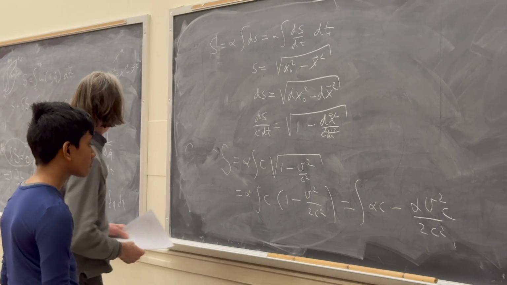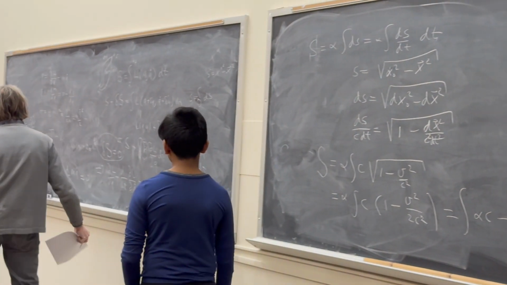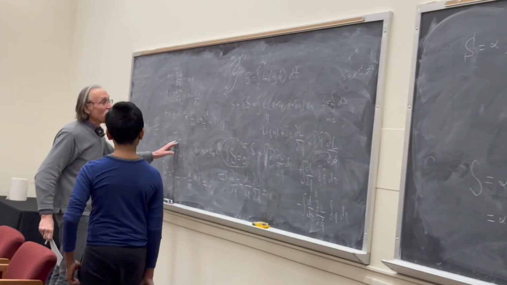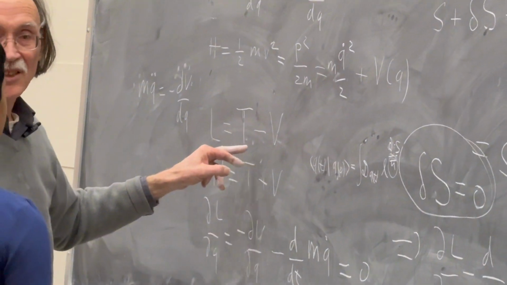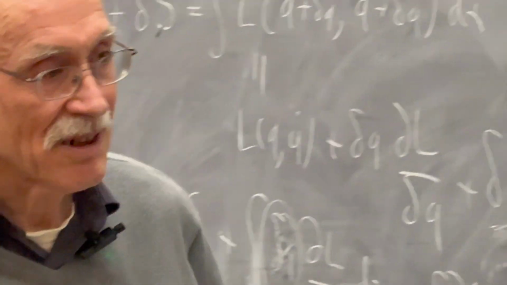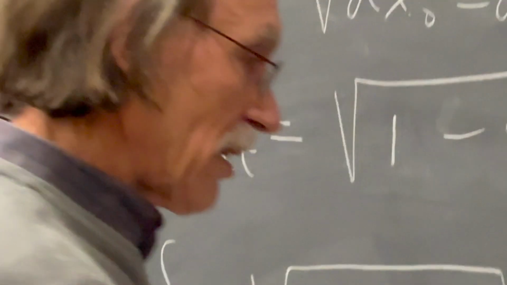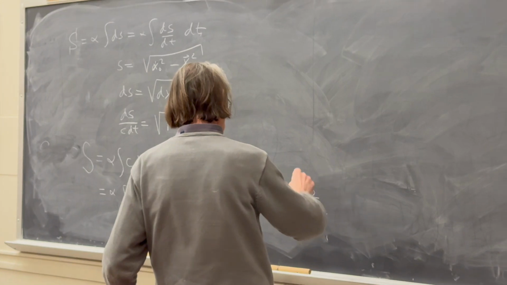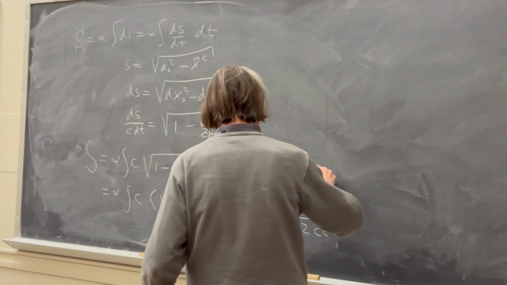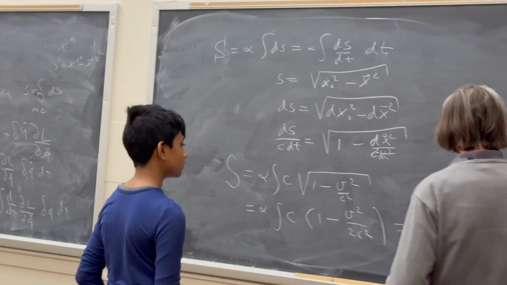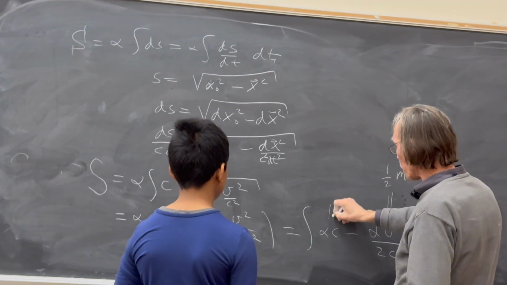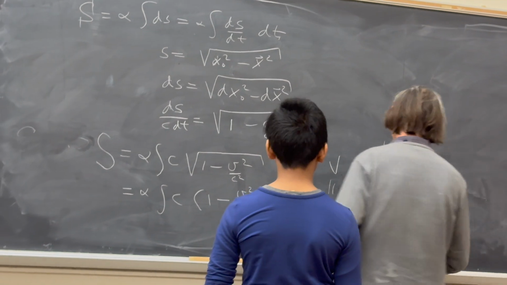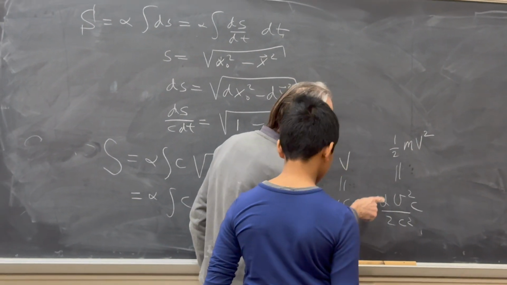But we know from this limit that the Lagrangian, that's this thing, should be equal to the kinetic energy minus the potential energy. So this is like v squared. So this should be equal to the kinetic energy, that is 1/2 mv squared, and this should be equal to the potential energy.